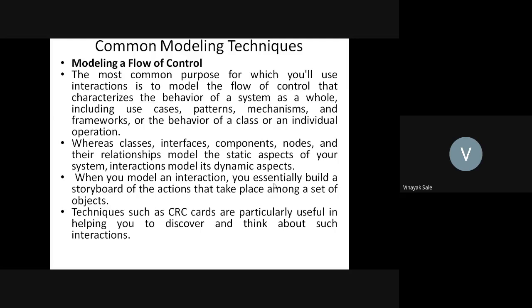Whereas classes, interfaces, components, nodes, and their relationships model the static aspects of your system, interactions model the dynamic aspects. When you model an interaction, you essentially build a storyboard of the actions that take place among a set of objects. Techniques such as CRC cards are particularly useful in helping you to discover and think about such interactions.